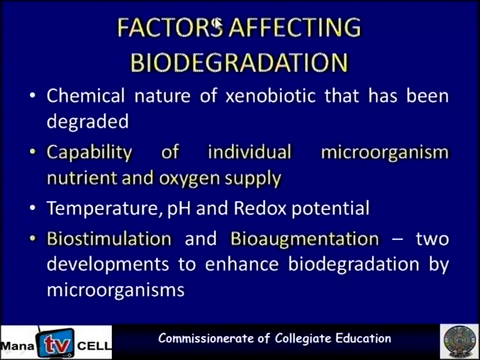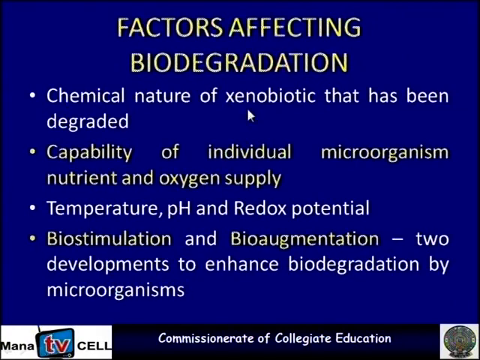So, chemical nature of xenobiotic, which means hazardous chemicals that are being degraded, and capability of individual microorganism, nutrients and oxygen supply, temperature, pH, redox potential, biostimulation and bioaugmentation. So, these are the main factors that affect the biodegradation mechanism.